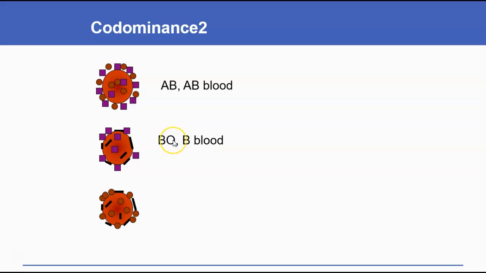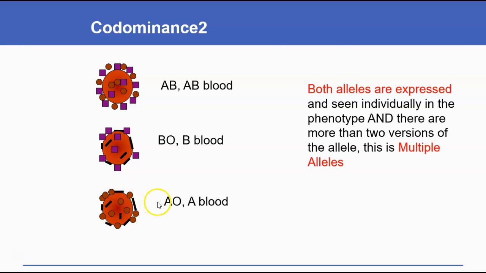If you have BO blood, you are going to have the B sugar on the outside along with not having that sugar. You are also going to express A blood type if you have the A allele and the O allele, which is the lack of expression.